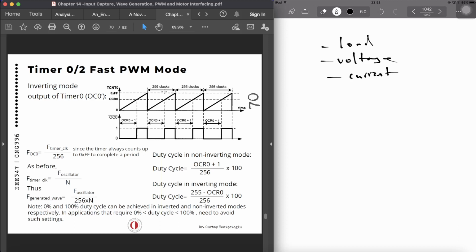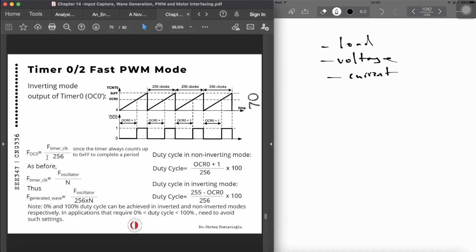Now, one thing that we need to be careful about over here, we are actually having 256 clocks from one overflow to the other one. This is one thing. And on the other side, it's OCR plus 1 always. So OCR value plus 1 because of the overflow.